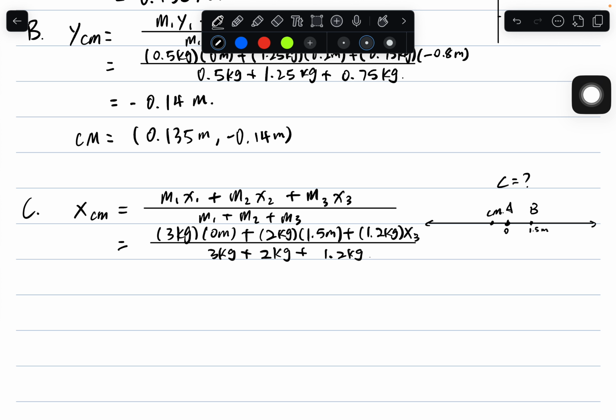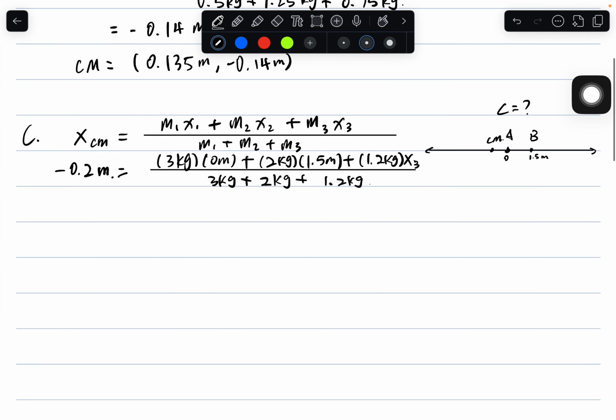We know the center of mass of the system is negative 0.2 meters, and we solve for x3. After the calculation, we have x3 equals negative 3.53 meters.